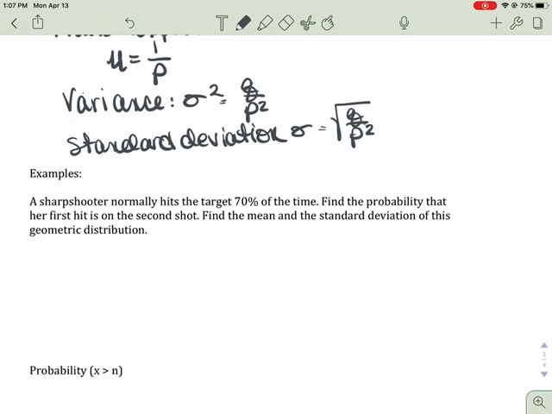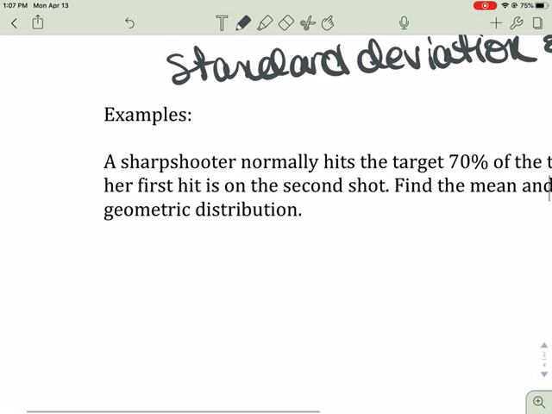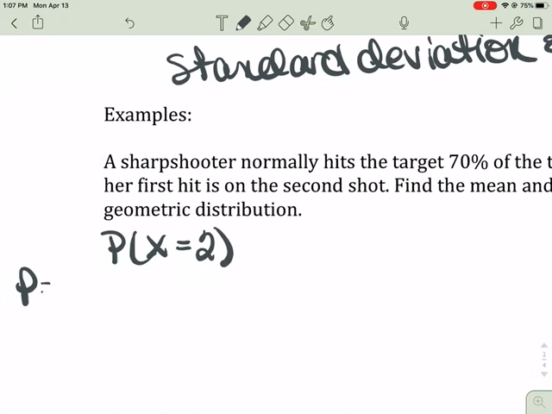A sharpshooter usually hits his target 70% of the time. Find the probability that her first hit is on the second shot, and then find the mean and standard deviation of this geometric distribution. All right, so we want to know the probability that her first hit is on the second shot, and P is 0.7, Q is 0.3.